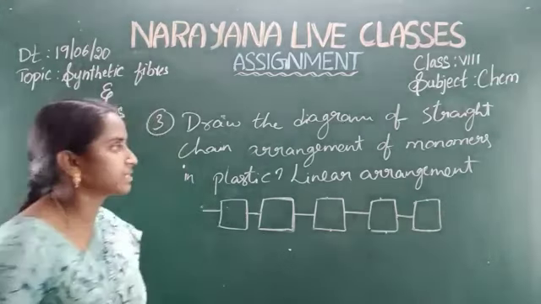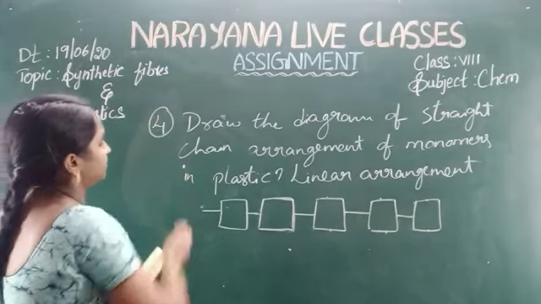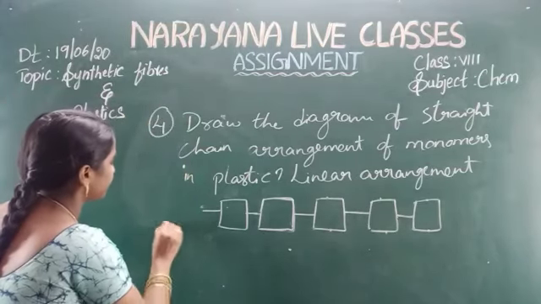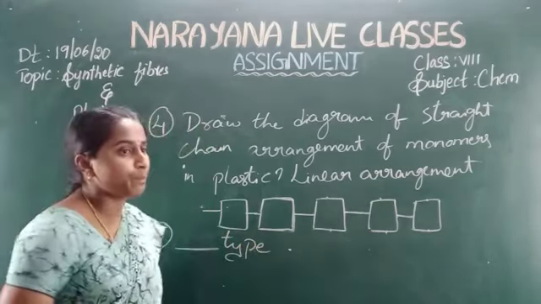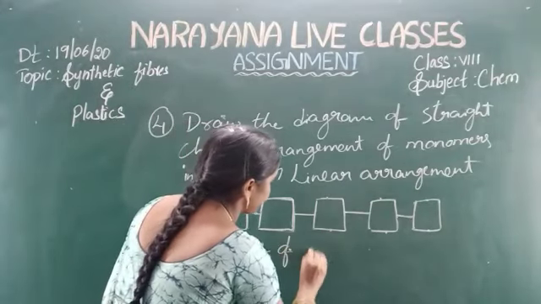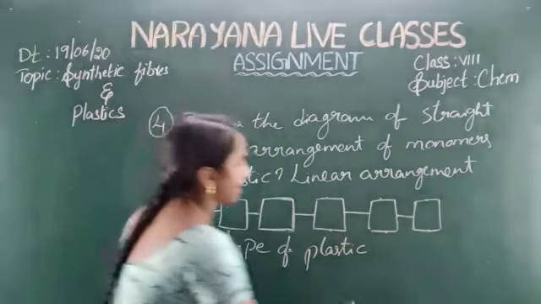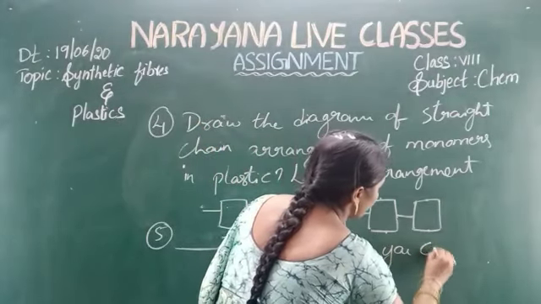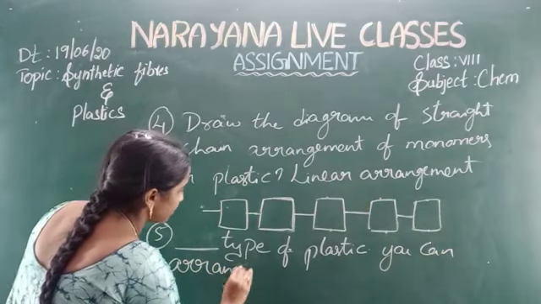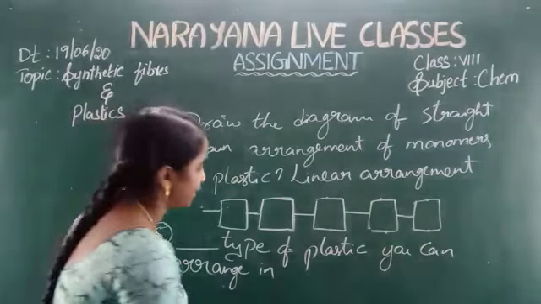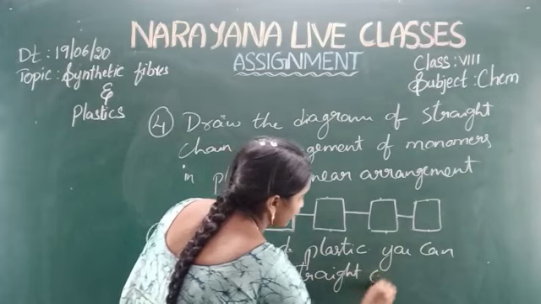Next, the bits. This is actually the fourth question, the fifth one: dash type of plastic you can arrange in a straight chain.